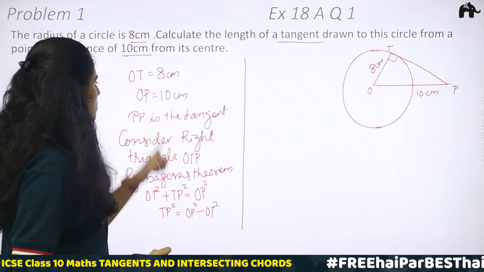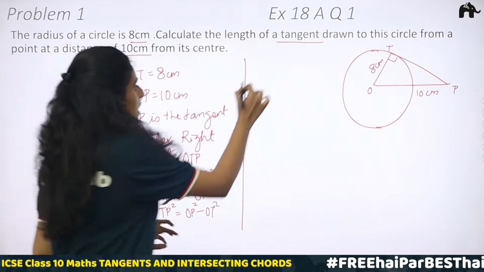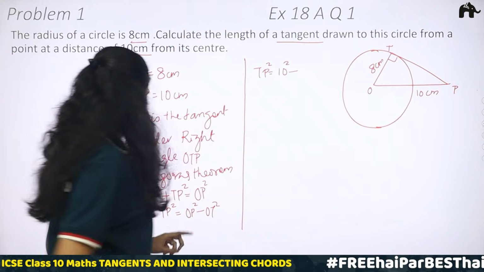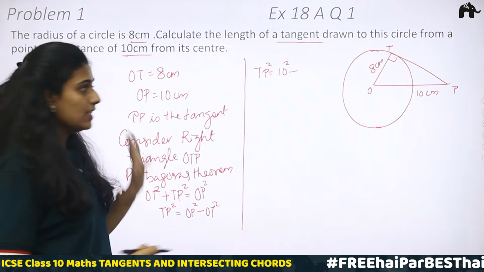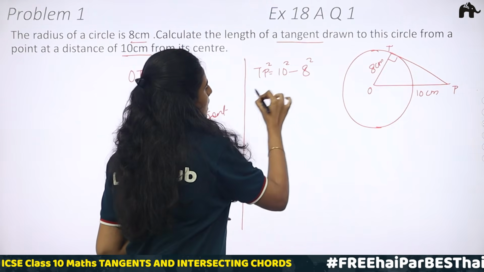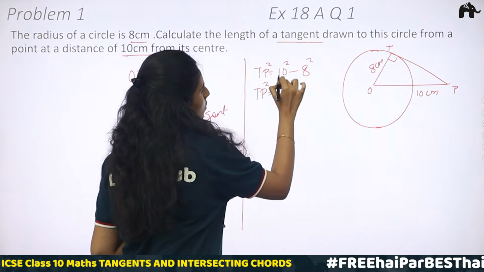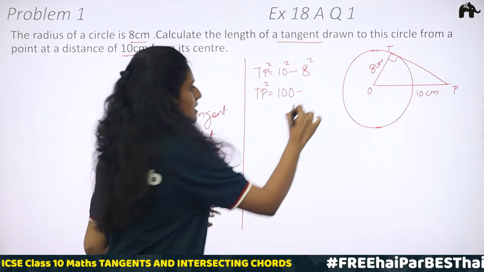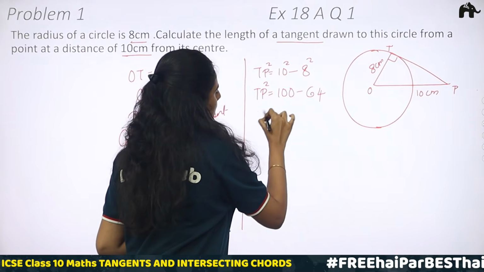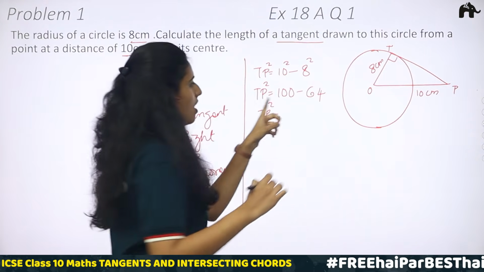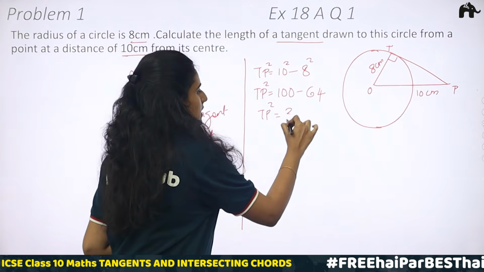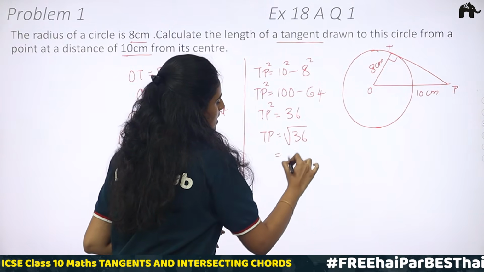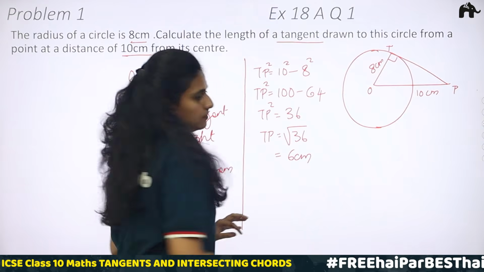Put the values. What is OP? OP is 10 cm. TP square is equal to 10 square minus OT square, 8 square. TP square is equal to 100 minus 64, we get 36, and TP is equal to root of 36, that is equal to 6 cm.